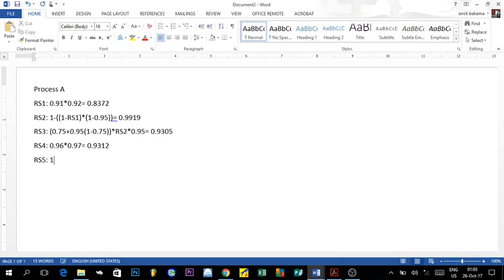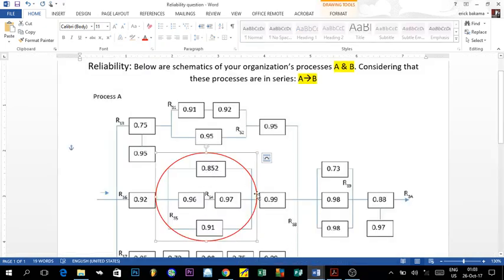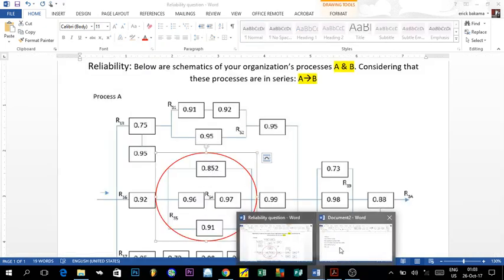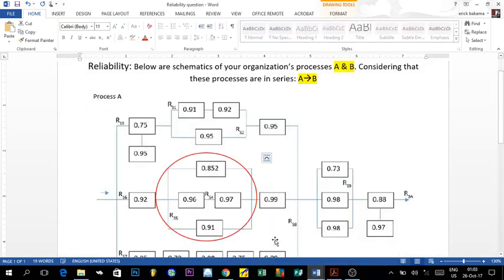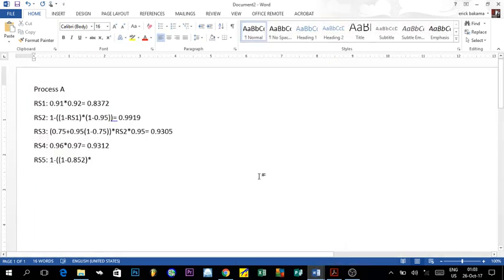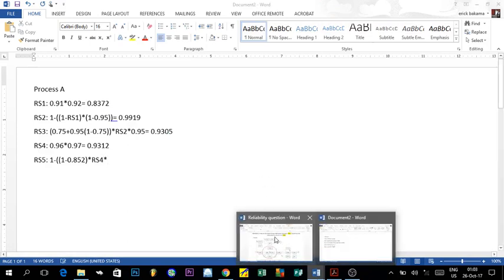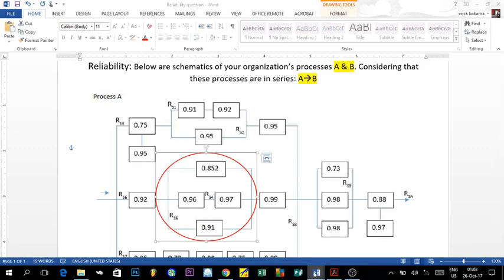So the formula is 1 minus, I open my bracket, it's the same formula that we use for error 2. I open my bracket, which gives me 1 minus 0.852, close it, times, in the middle part is error 4, so here I have error 4, times the last part here is 0.91.